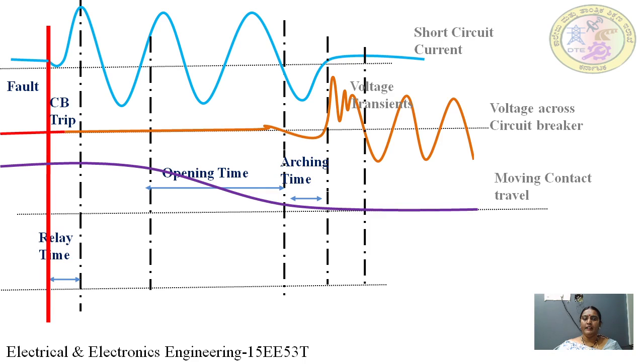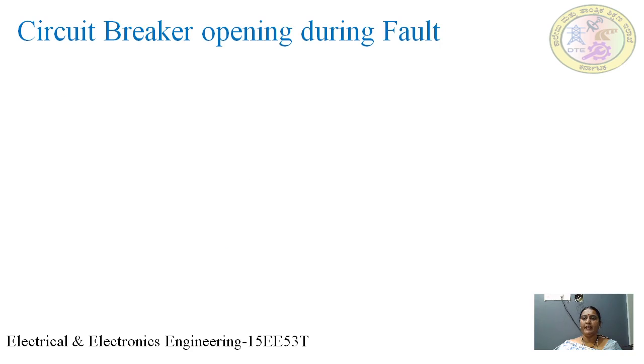A transient will occur when there is an opening of the circuit breaker. It is called the restriking voltage or transient voltage. After the contacts are separated, the fault will be cleared. After the clearance of the fault, the system goes to its normal voltage. It is called the recovery voltage. Then from the tripping signal to the opening of the contact is called the breaking time.